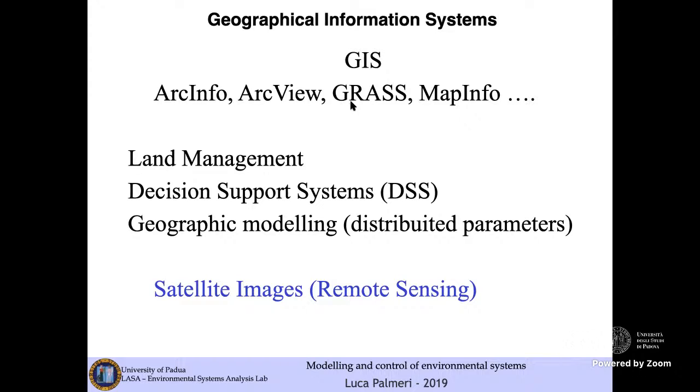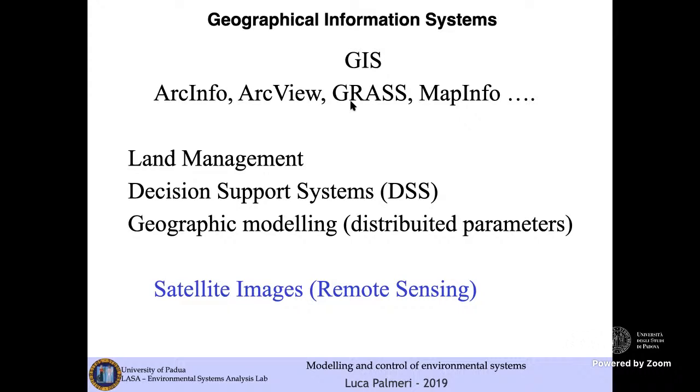I stress my relevance on GRASS, Geographical Resource Analysis and Support System, that is an open source, very complete GIS system. It is very interesting because, being open source, it is a cheap software tool, while the software provided by Esri, like ArcInfo, ArcView, and so on, are quite costly, expensive.